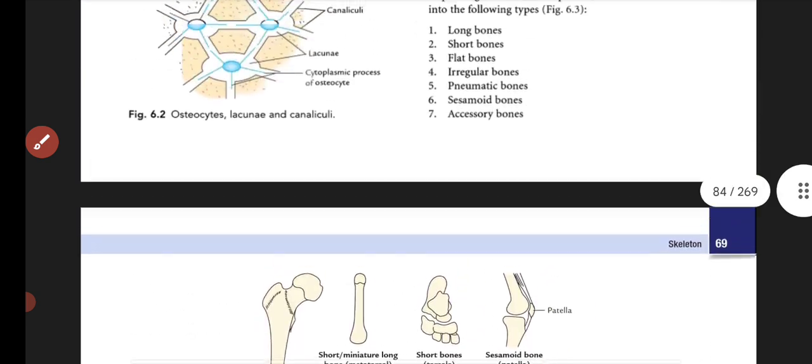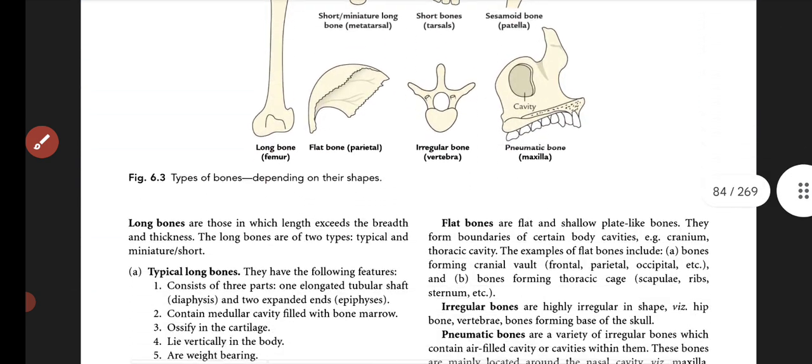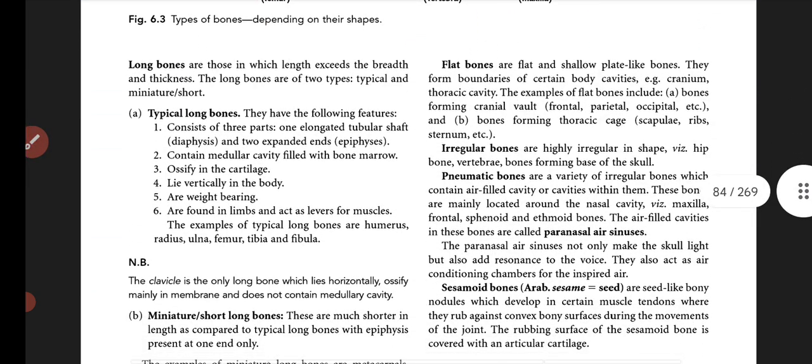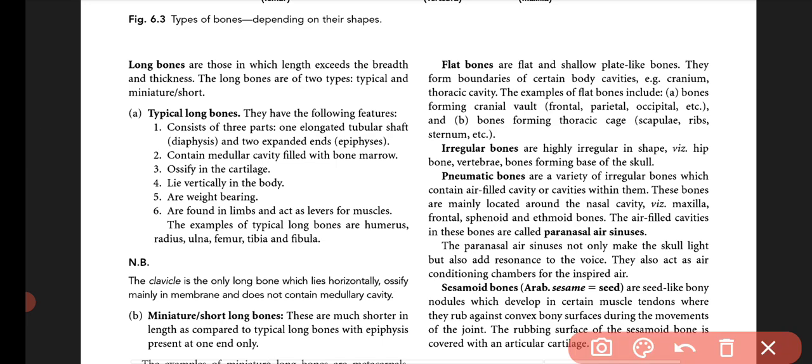Number five is the pneumatic bones. Why pneumatic? Pneumatic bones are a variety of irregular bones. It is also one type of irregular bones, but it has a special feature: it contains air-filled cavities within them.